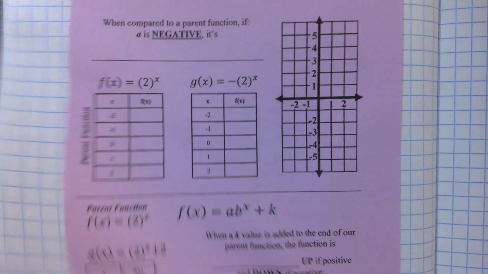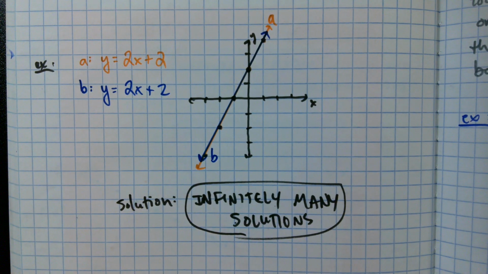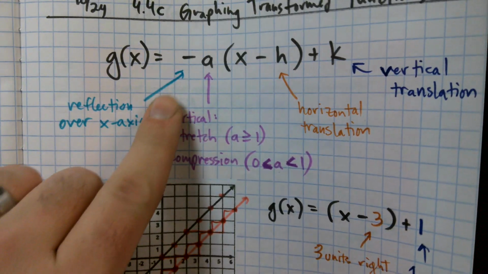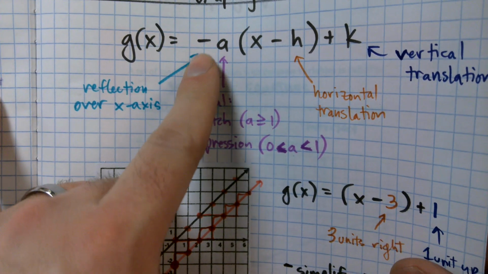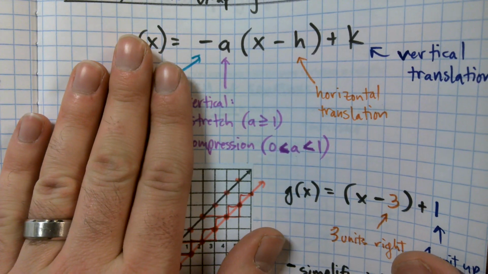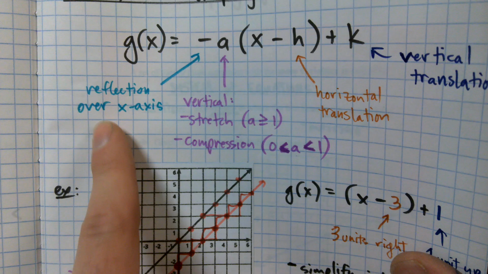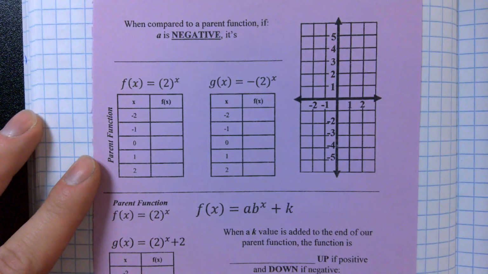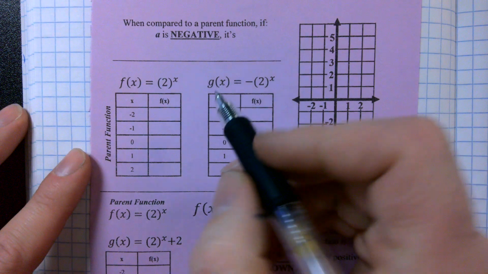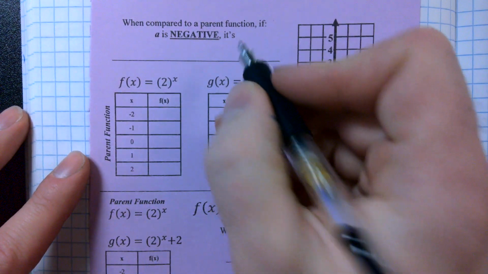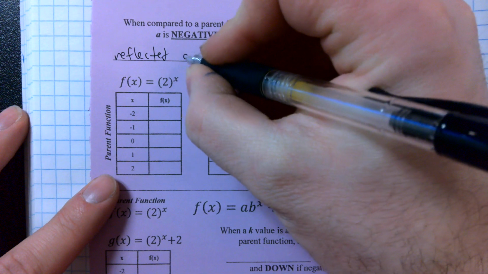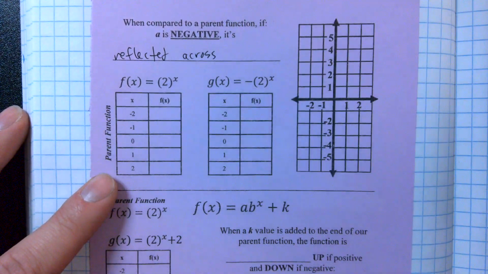So, just like on, again, October 24th, that fateful day, if there's a negative sign in front of my a, what happens to my function? It reflects across the x-axis. So here, when we're comparing to a parent function, if my a is negative, it's reflected across, what do you guys think?